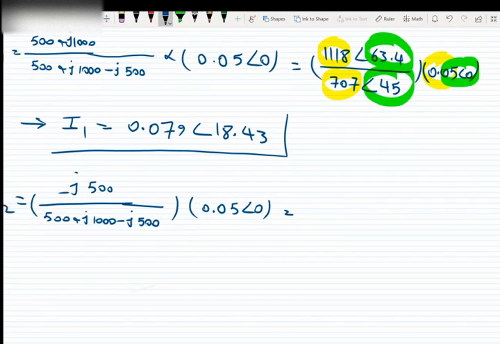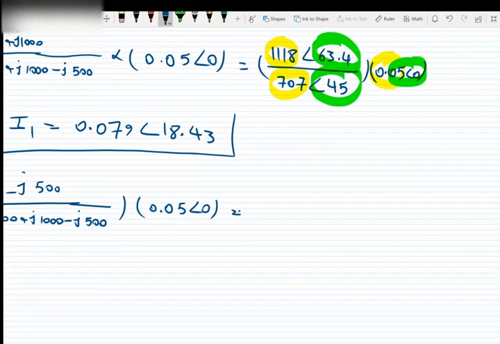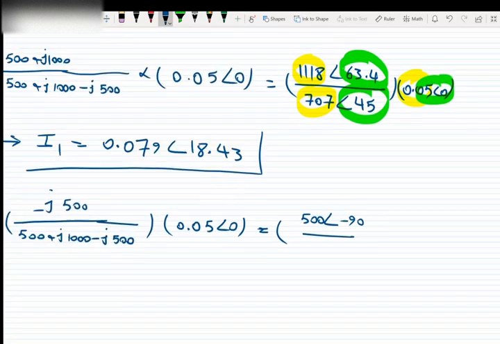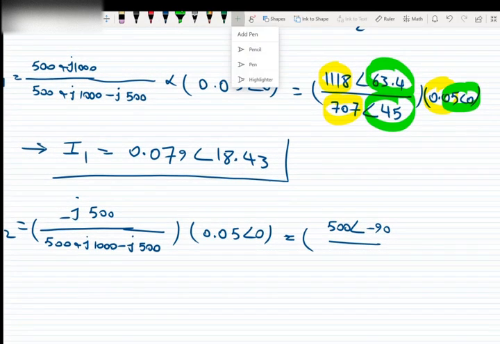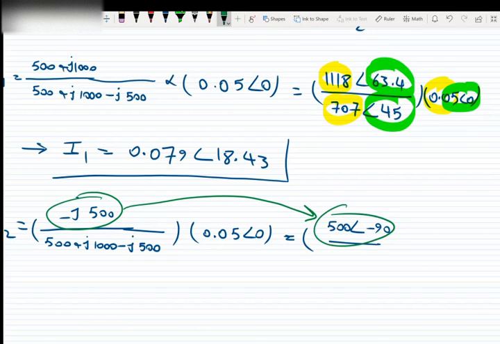If we do, we will have 500 with the angle of negative 90. Don't forget that I used the shortcut to convert this numerator: I said that negative j is negative 90, if you remember.